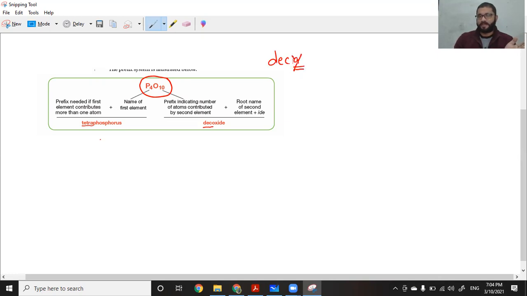So you don't have to write a when you are writing it with the second element in this compound. Same for mono. For example, if we have CO, we can say that it is carbon monoxide. Here we remove the o of mono and it would be carbon monoxide.